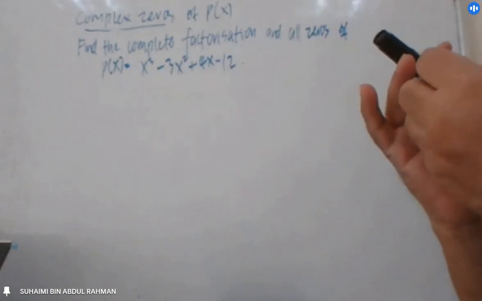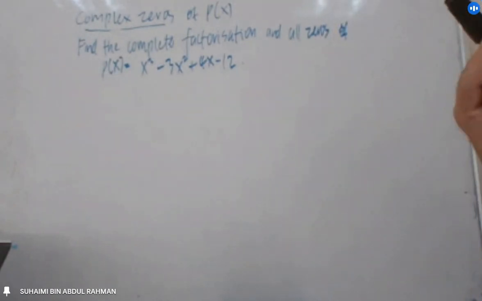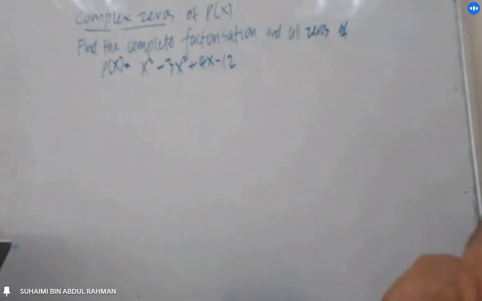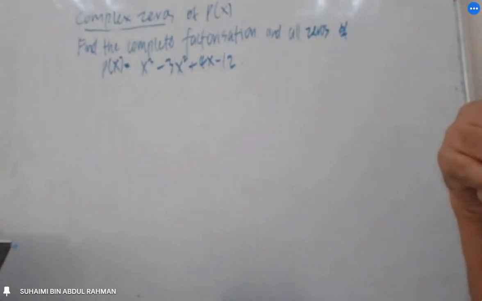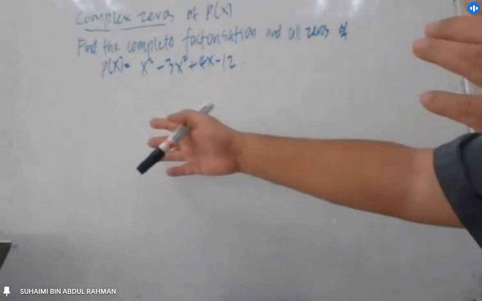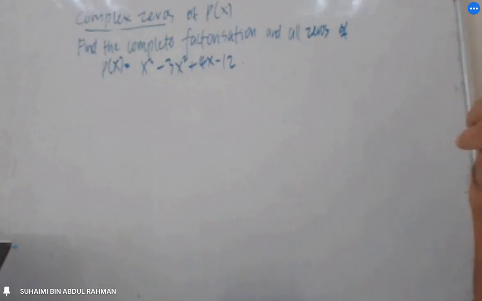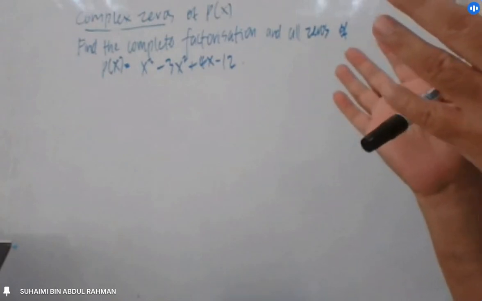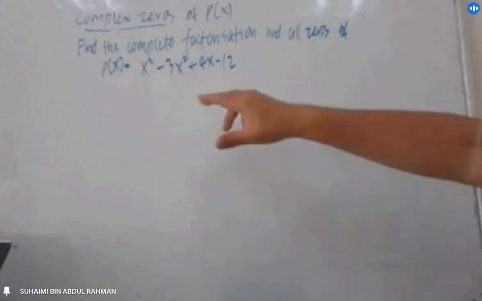Your paper marks will be given for the way you get the answer, so you must have a few steps before you go to the final. What methods do you use to factorize this?